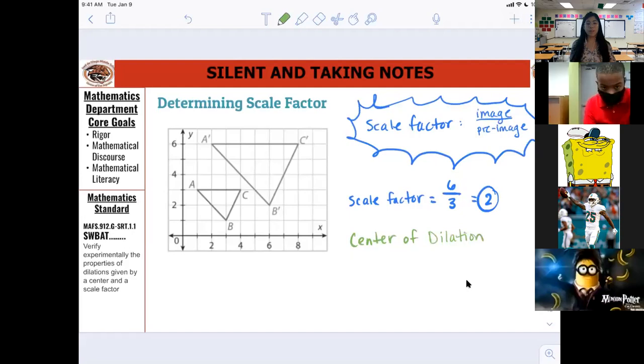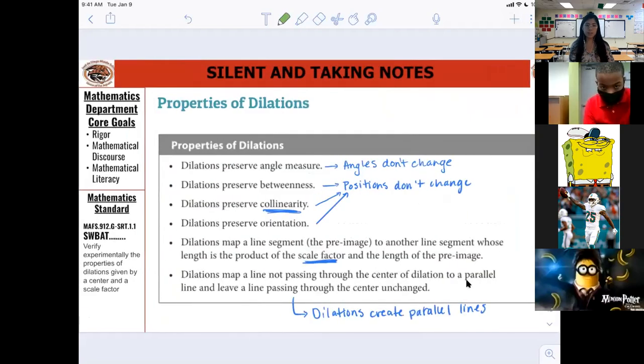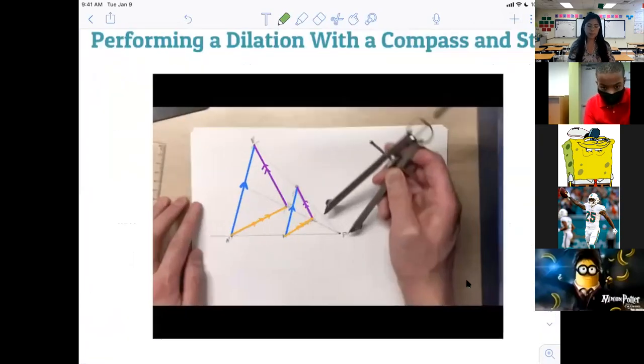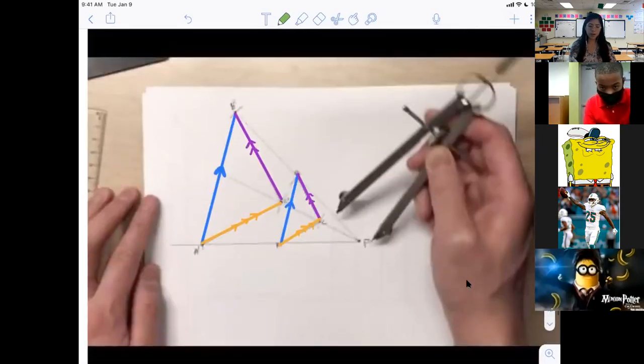Now, when you think about this, remember that the center of dilation, and I'll go back to this example, is kind of like the place where all of these lines meet up. So when you connect B prime and B, when you connect these 2 points, when you keep it going, let's just make it super, super long.